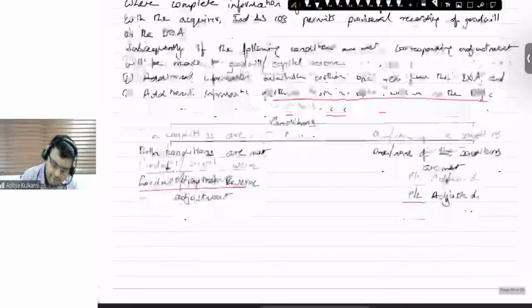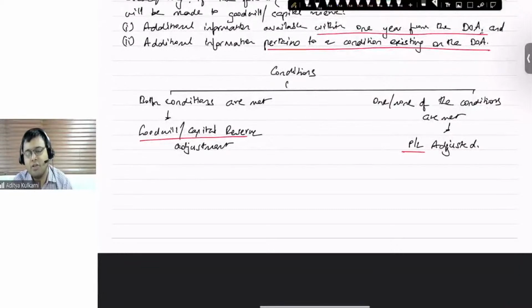See, for the fair value of a contingent liability, you can perform a probability based model, like how we have always seen it. You can estimate that there is a 50% chance that this contingent liability will materialize and a 50% chance it won't, or say a 40% chance it will materialize and a 60% chance it won't.